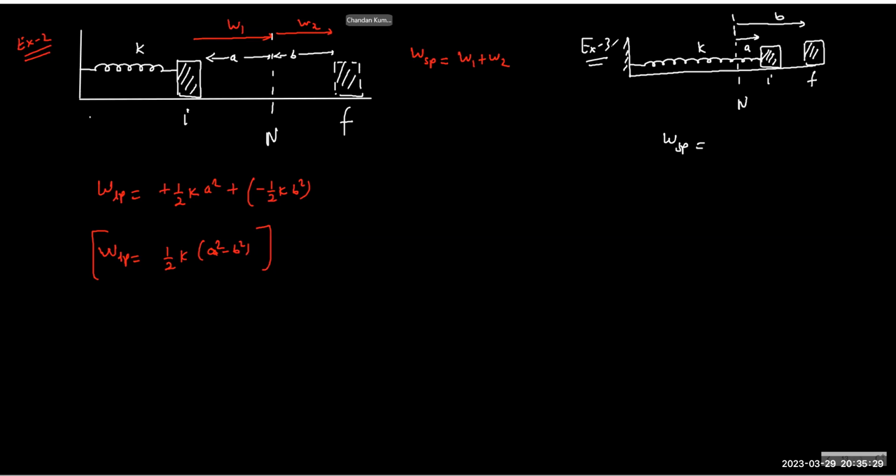So is it minus half K square minus half K B minus A whole square? No. So is it K by 2 A square plus B square?